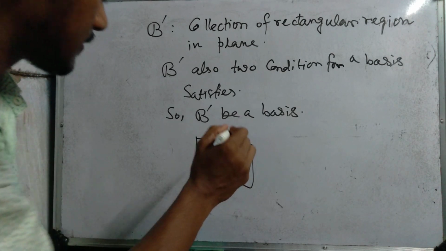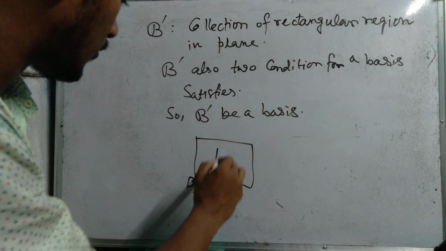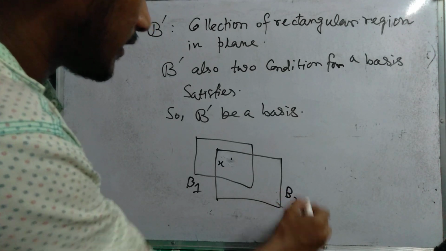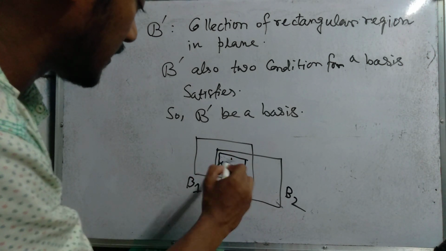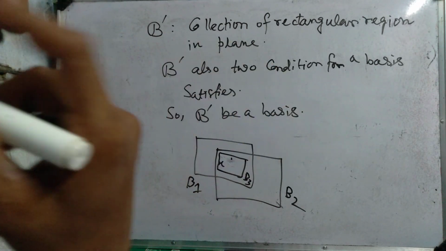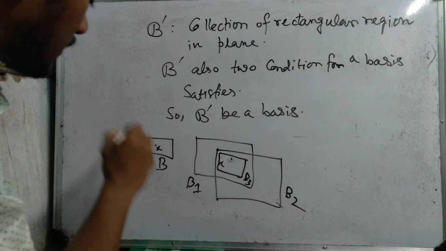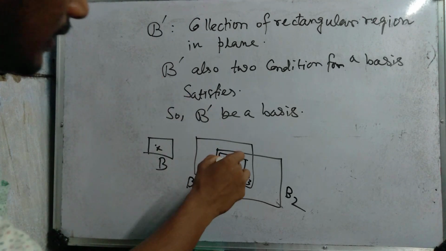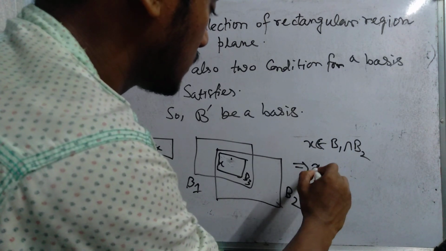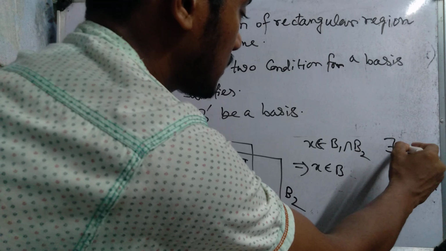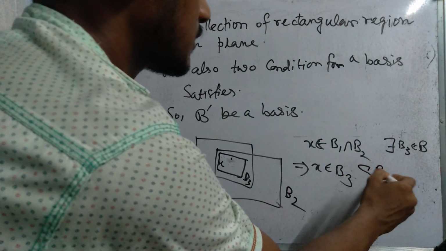One rectangular region B1 contains this x, and another rectangular region B2 contains it. Then obviously we draw another one, B3, same as for circular regions. If x belongs to B1 intersection B2, then there exists one B3 belonging to script B such that x belongs to B3, a subset of B1 intersection B2.